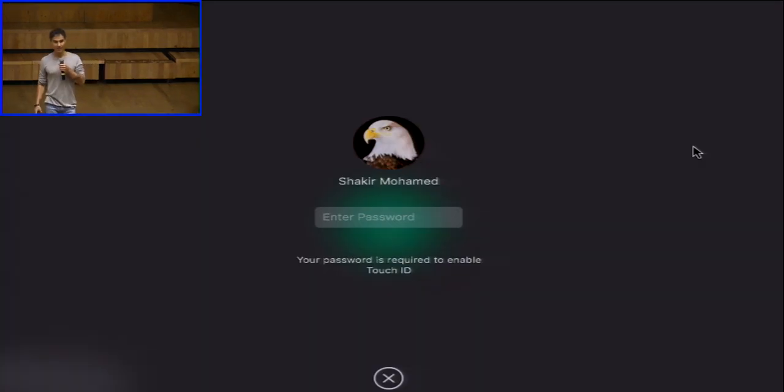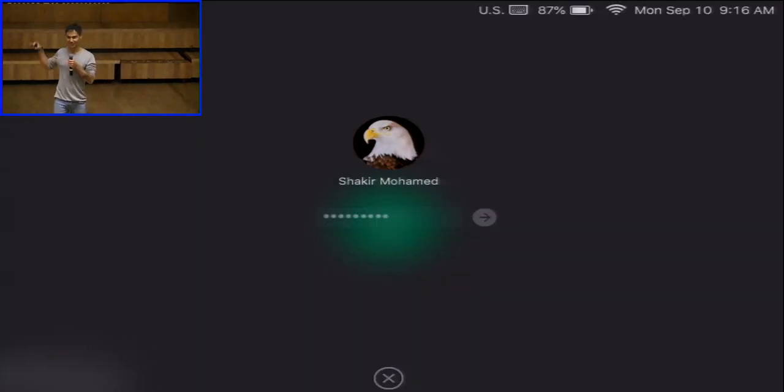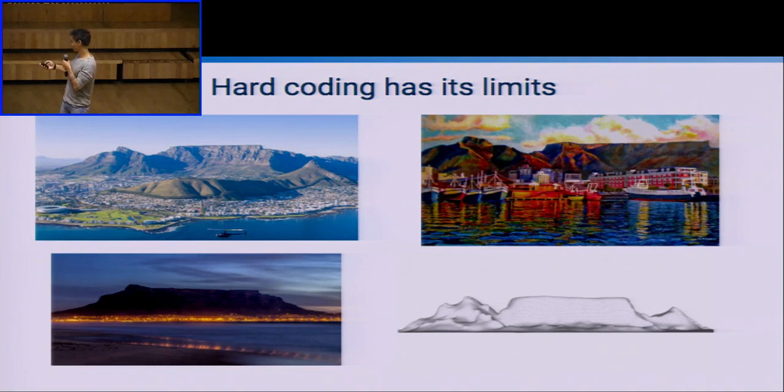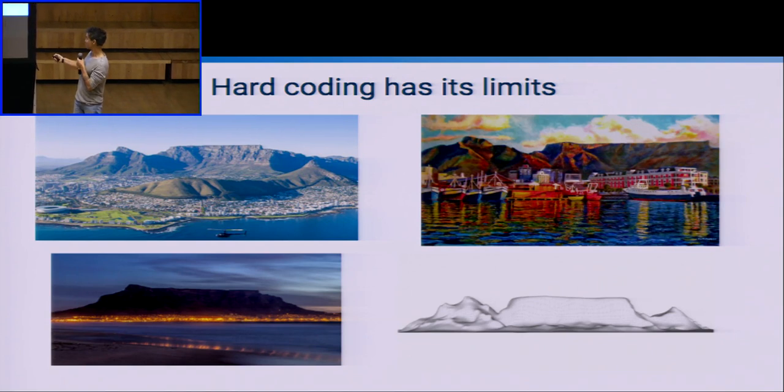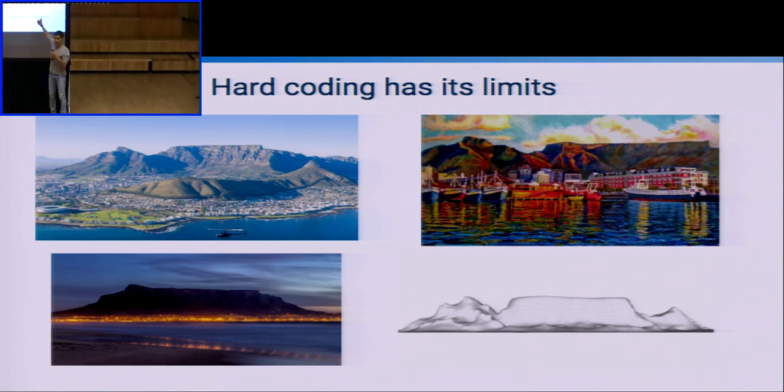Colors, except that sometimes Table Mountain is white, sometimes it's orangey, so color would probably not be good. Okay, edge detection, so you would basically look at the edges of this thing here. This basically is already the output of an edge detector, more or less.